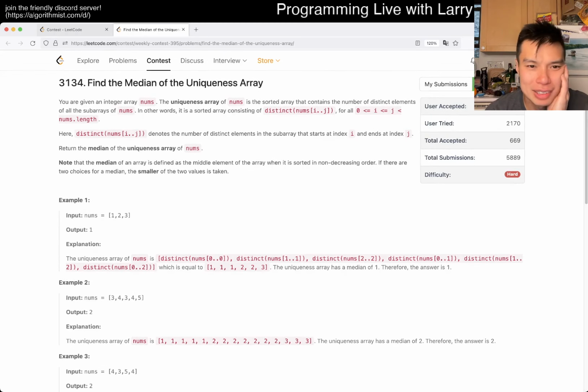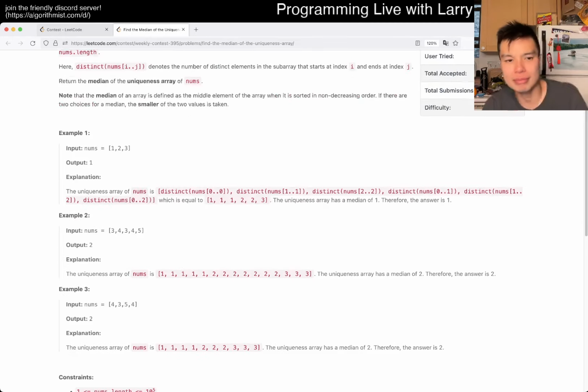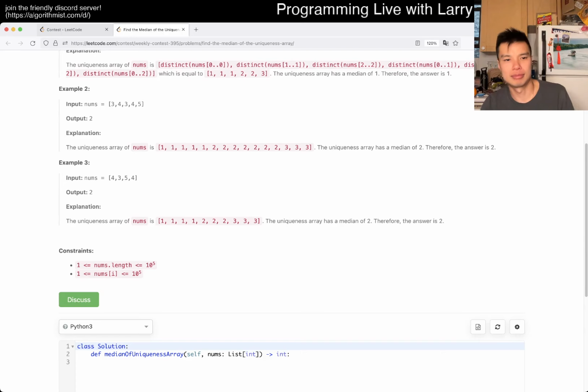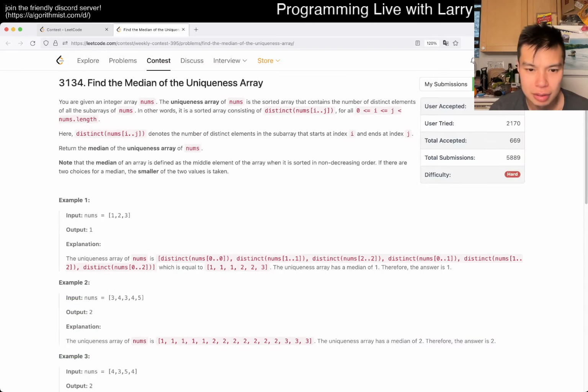I actually missed this. I didn't miss it, but I just didn't read it correctly. The uniqueness array consists of not just a subarray, it is over all i and j. So basically, okay. Oh, I see.